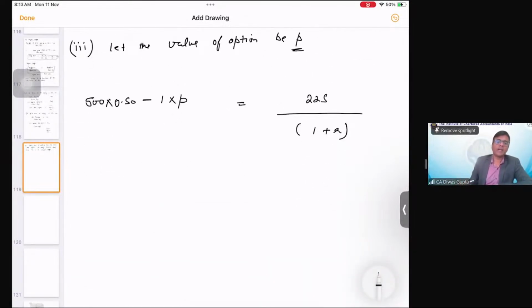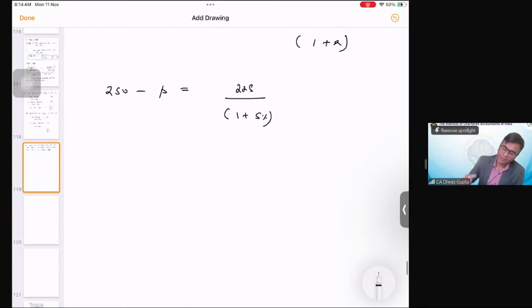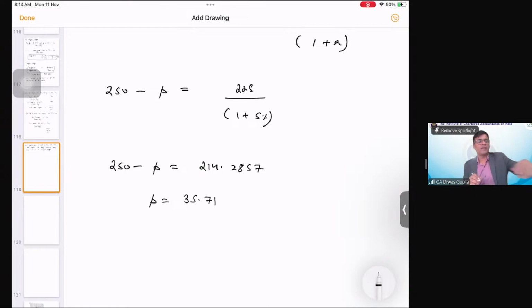So this is the way of calculating option in these given facts. So this is 250 minus P is equal to 225 divided by 1 plus 5%. 5% is R, that is already given in the question. So this becomes 250 minus P is equal to 214.2857, and hence P becomes 35.71.